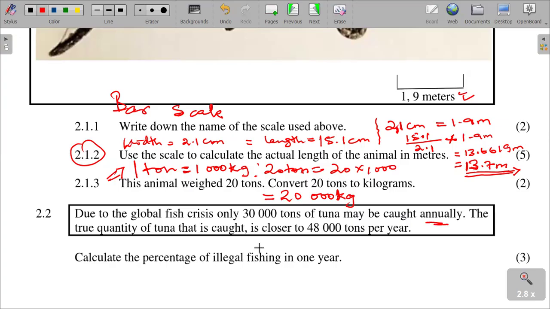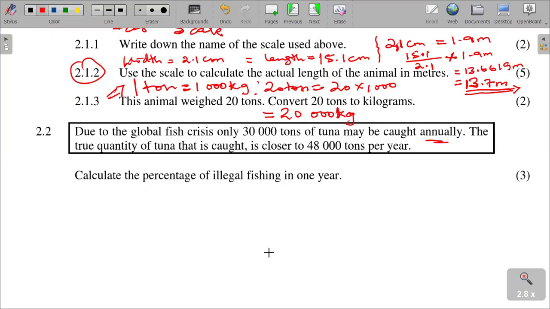So what needs to be done here is 48,000 minus 30,000, and then we get 18,000.